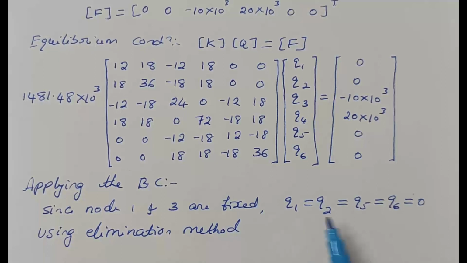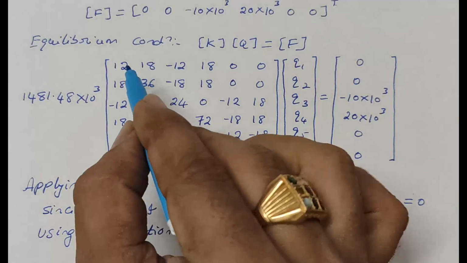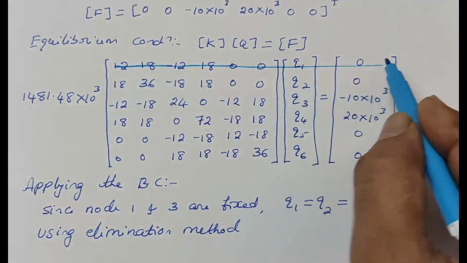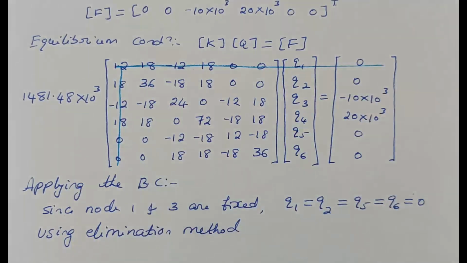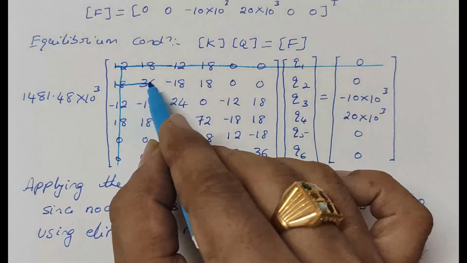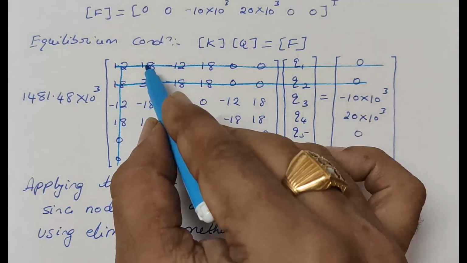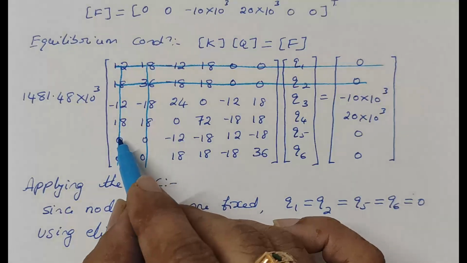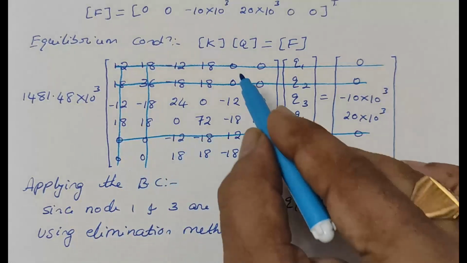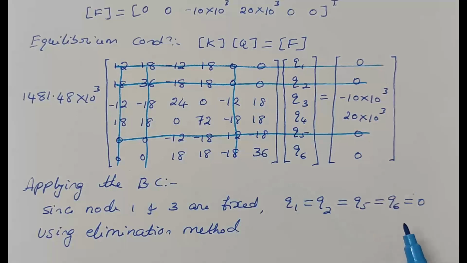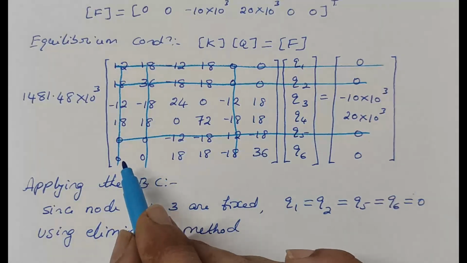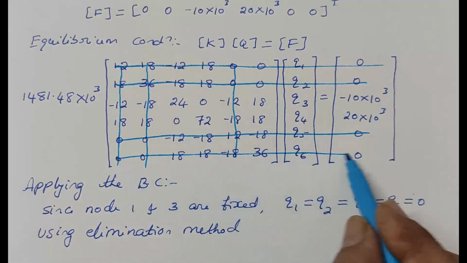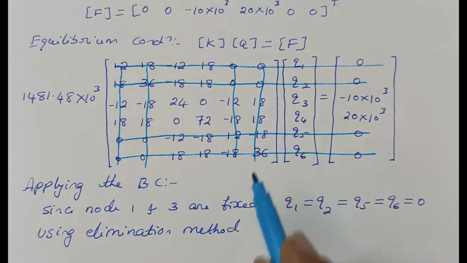See, here Q1 is 0, therefore I can eliminate first row, first column in the equilibrium equation. Similarly, Q2 is 0, means I can eliminate second row, second column. Q5 is 0, means I can eliminate fifth row, fifth column. Similarly, Q6 is equal to 0, therefore I can eliminate sixth row, sixth column.